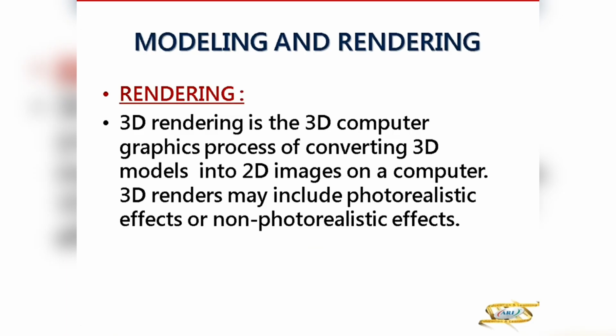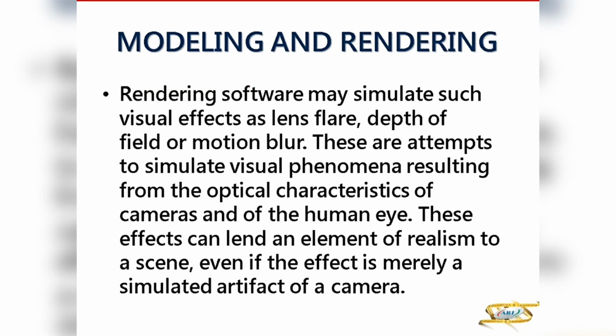Now 3D rendering is a 3D computer graphics process to convert your 3D model into 2D images on the computer. So you have a photorealistic or non-photorealistic effect. Your simulation can be done of visual effects like lens flare, depth of field, and motion blur, which attempt to simulate visual phenomena resulting from the optical characteristics of the camera and the human eye.